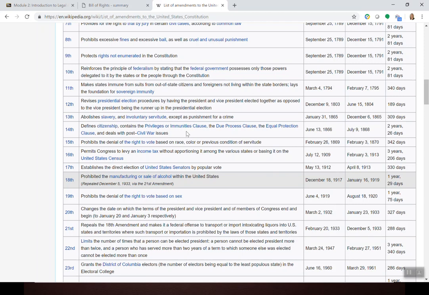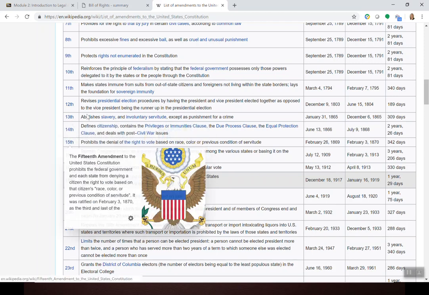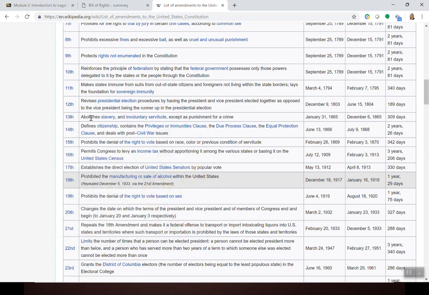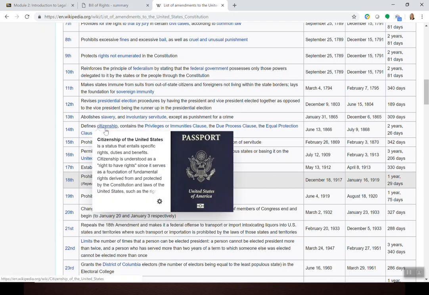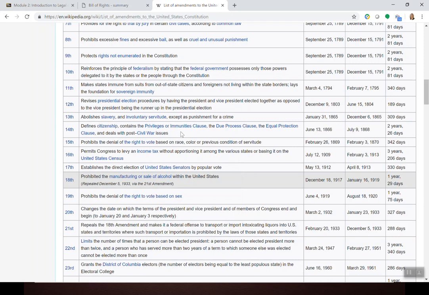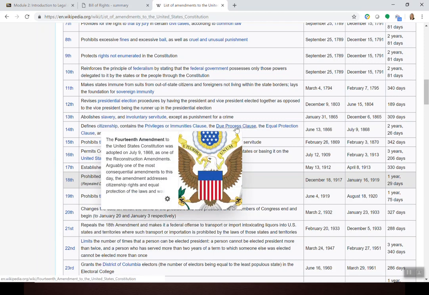And the Fifth Amendment at that time was referring to the federal government. After the Civil War, we passed the 13th, 14th, and 15th Amendments. 13th abolished slavery and involuntary servitude. 14th defined citizenship and defined certain things. We won't talk about that much except the due process clause.